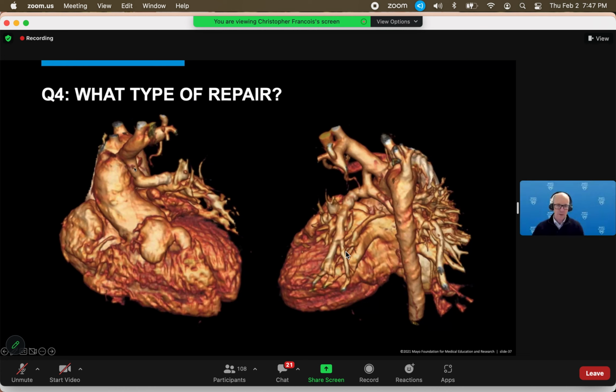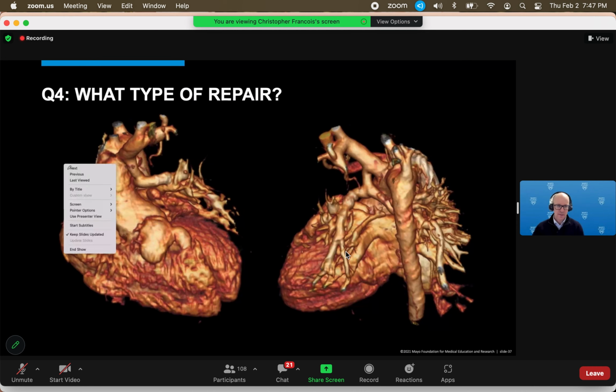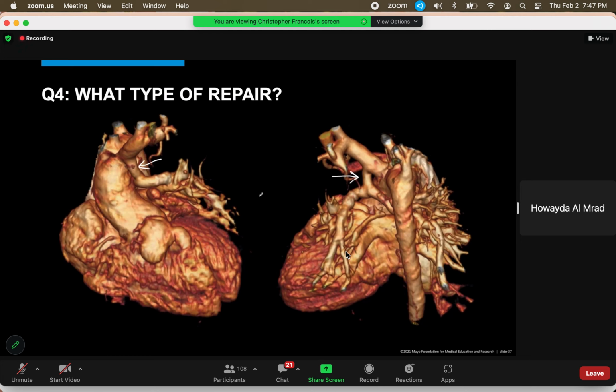And so let me put an arrow here. Make sure I have the correct color. Let's do white. So that's the surgically created shunt right there.